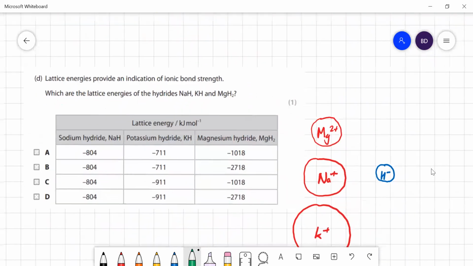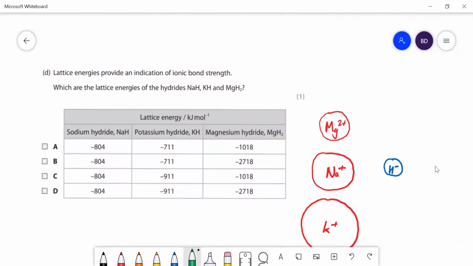Okay, lattice energies provide an indicator of ionic bond strength. In other words, when I say ionic bond strength, what is the attraction between the positive ion, X plus, and the negative ion? How strong is that? Now, what governs the strength of that is, first of all, the size of the charge.